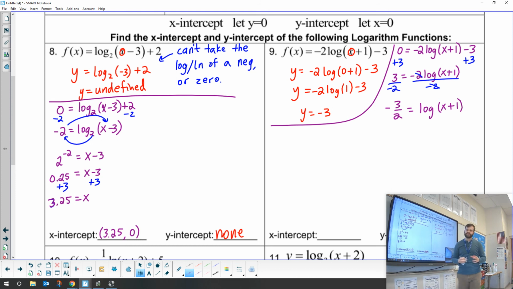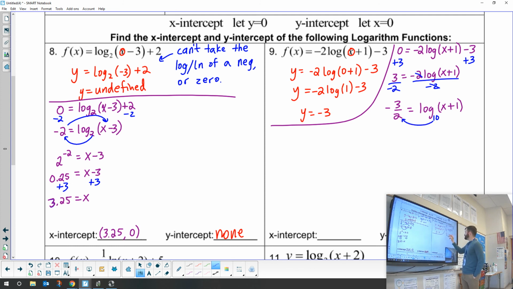So I need to rewrite this as an exponent. To be able to rewrite this as an exponent, we need to remember that this log actually does have a base. There's not a base written here, but this standard logarithm does have a base, and that base is 10. It's log base 10 of x plus 1. So what we can do is rewrite this using base 10.